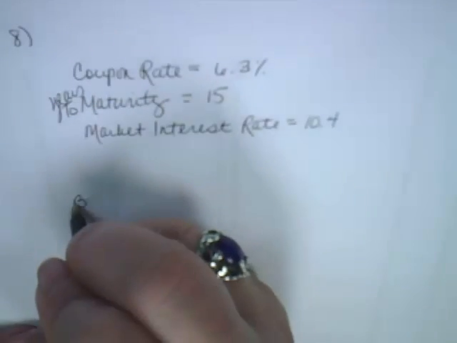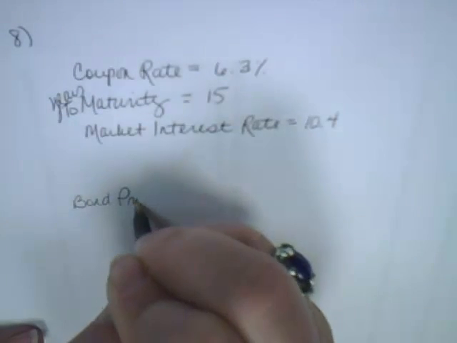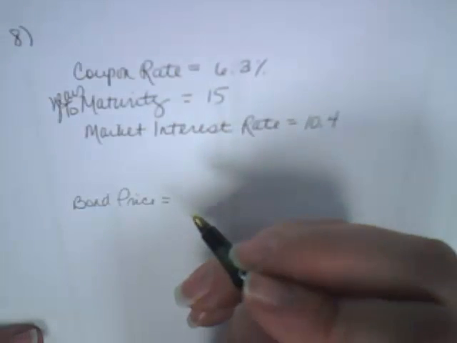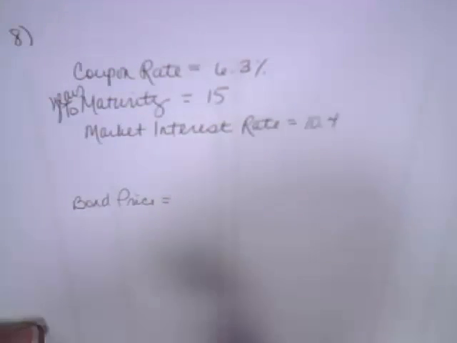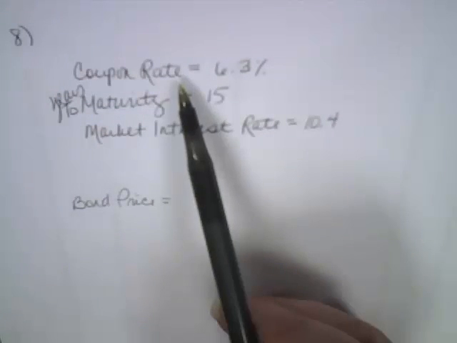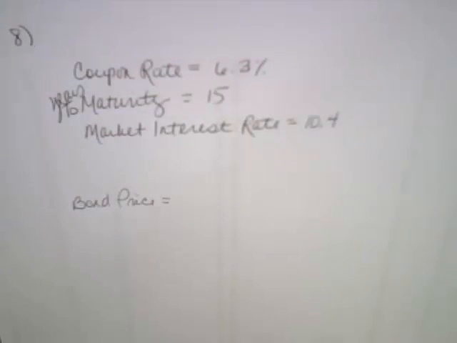So what we're going to do is calculate the bond price by first looking at this payment that's made of 6.3%.